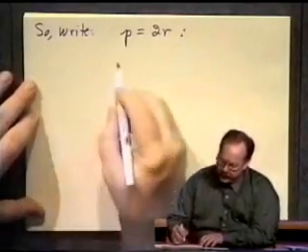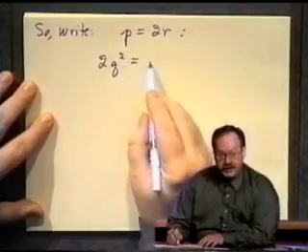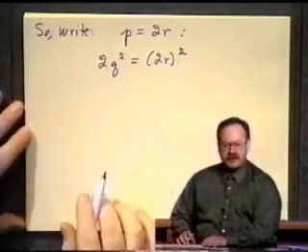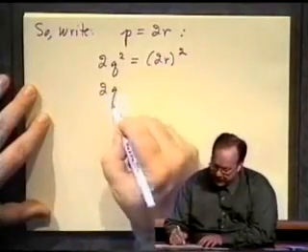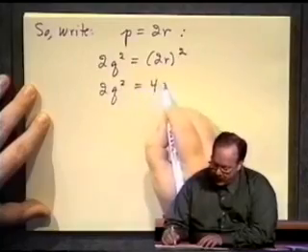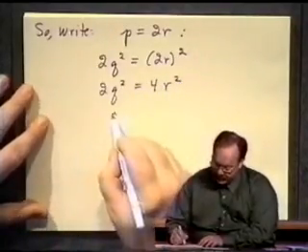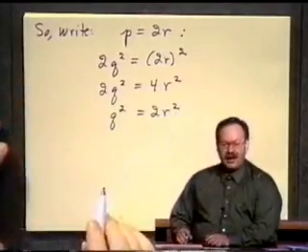And then we can continue. We had previously 2q squared equals p squared. Well, now p is 2r, so let's just go ahead and substitute that in. Well, we can square that right-hand side. So repeating this, 2q squared will be 4r squared. And then, of course, we can divide 2 out of both sides for convenience. So q squared is now 2r squared.